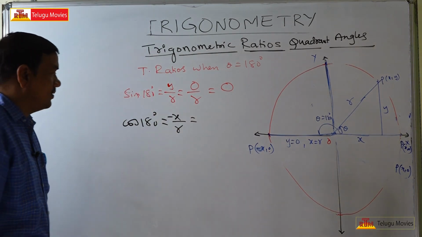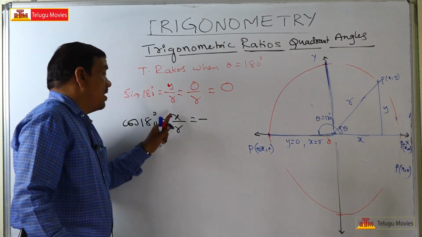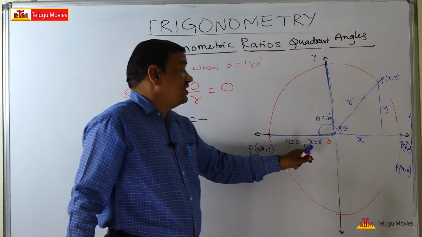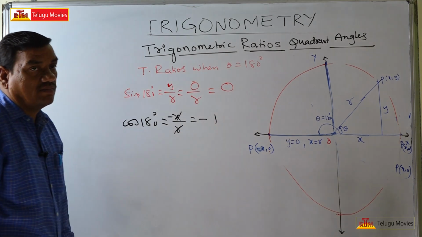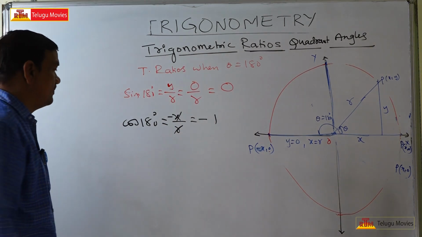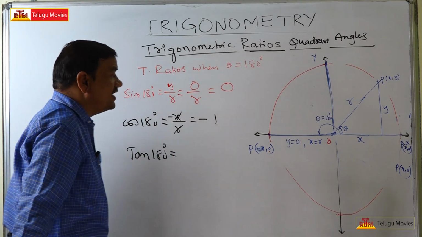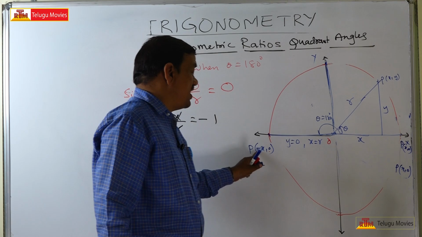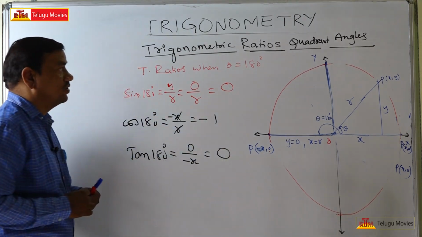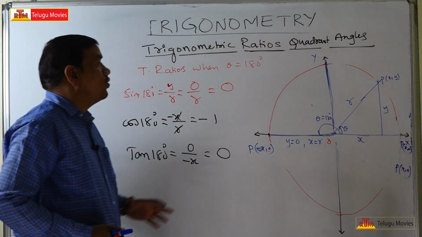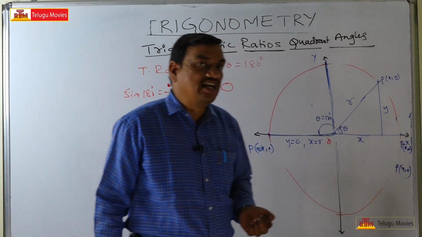And since x is equal to r, both cancel and minus 1 comes. So the cos 180 degrees value is minus 1. Tan 180 degrees means y by x, that is 0 by minus x, which is equal to 0. Okay? So like that we can find out the 270 degrees and 360 degrees angles also.